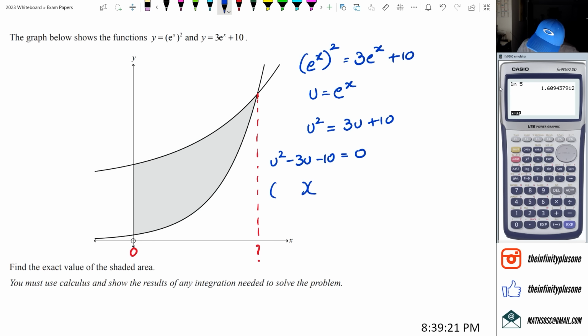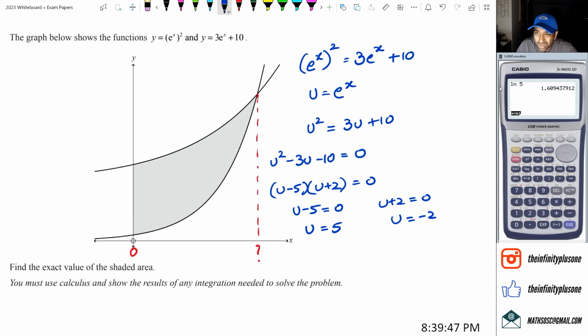Then I can factorize this quadratic. So I've got u minus 5, u plus 2 is equal to 0. Then I can say that u minus 5 is equal to 0, or u plus 2 is equal to 0. So u is equal to negative 2, or u is equal to positive 5.